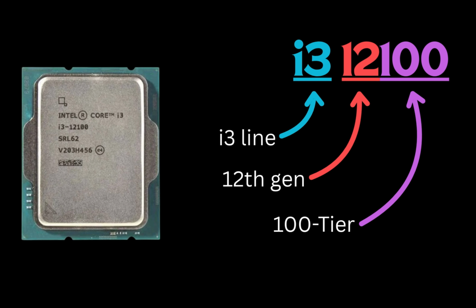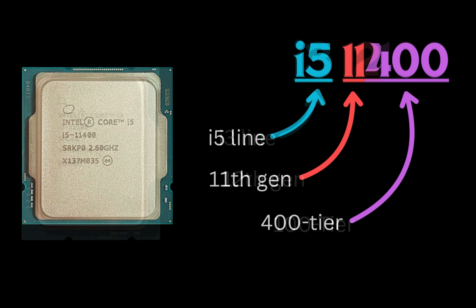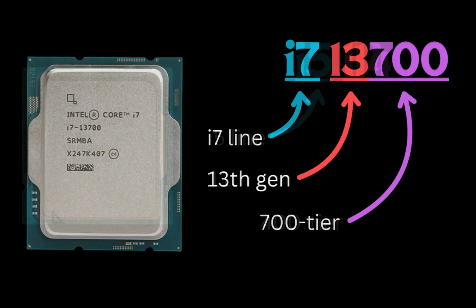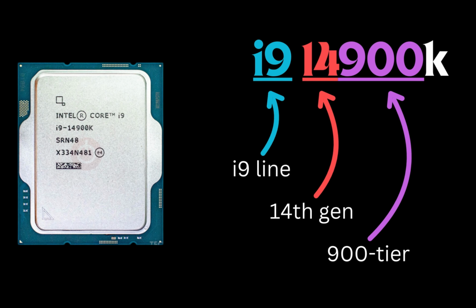For example, i3 has the i3 12100, the i5 is the same as the Ryzen 5, and there's an example as the i5 11400, i7, same as the Ryzen 7. There's the i7 13700, i9, the same as the Ryzen 9, highest performance here. The i9 14900K is there.